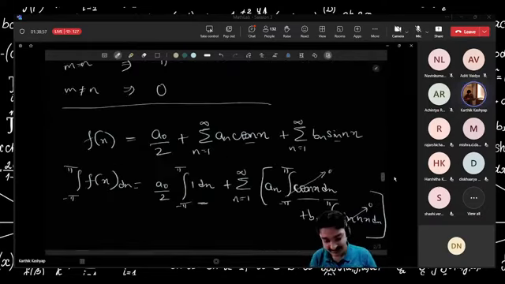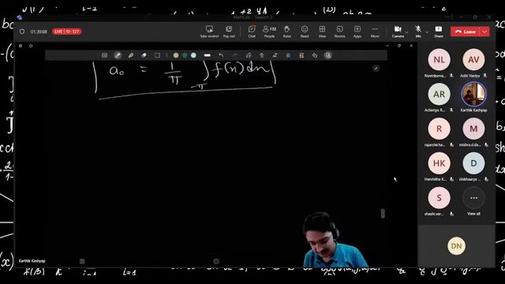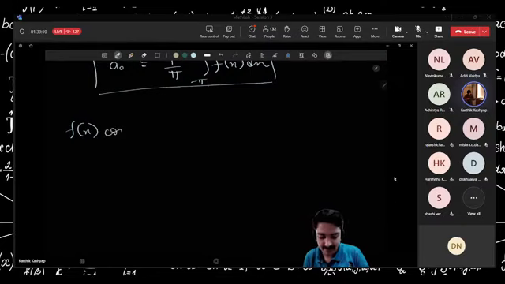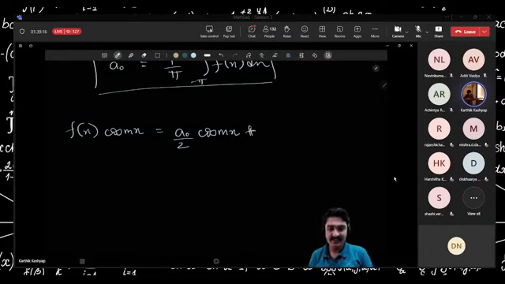So going back to the Fourier series, in this case, we would want to find an. So let's just multiply by a term cos mx for some m value, and let's see how it goes. f of x times cos mx is equal to a0 by 2 cos mx plus, let's take m as some constant for this part.